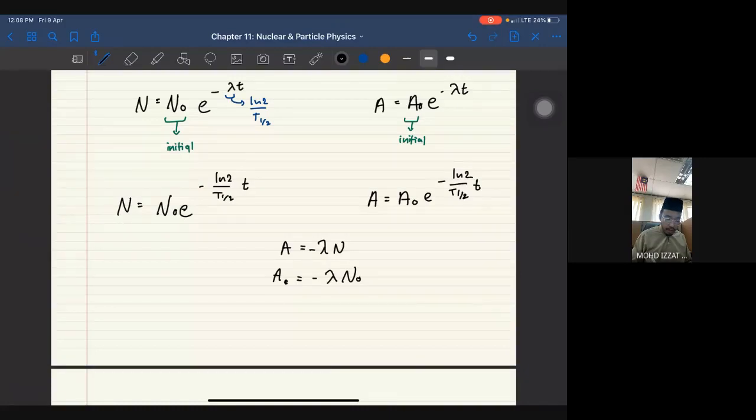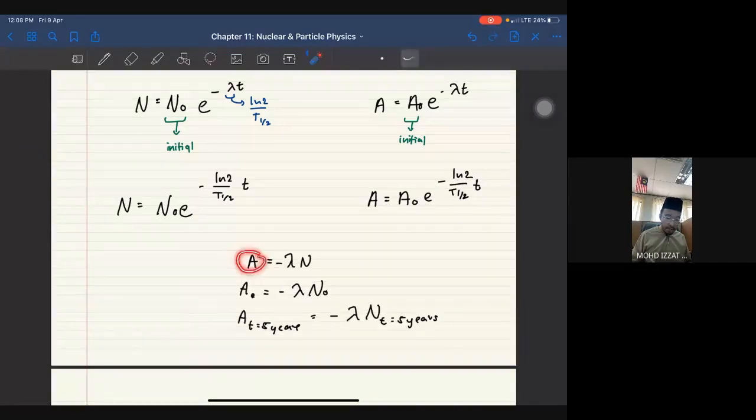Kalau saya kata A ni after t equals to 5 years, that means negative lambda n ni at t equals to 5 years. So this is another important concept from the graphs. You need to understand that for this equation, A ni represent at that specific time. Berapa A, berapa N. Kalau initial, N initial, A initial. Kalau after 5 years, A after 5 years.